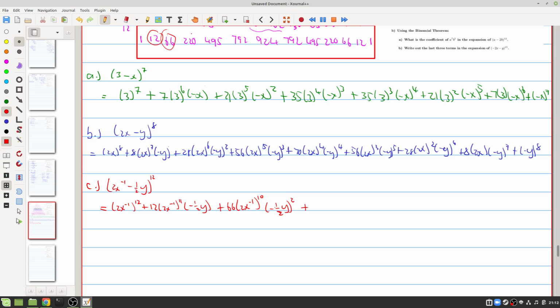Plus, next coefficient, 220. 220, first term to the power 9, second term to the power 3, plus, next coefficient, 495. So 495, first term to the power 8, and second term to the power 4. Okay, plus, so let's go on the next line. Plus, next coefficient 792.